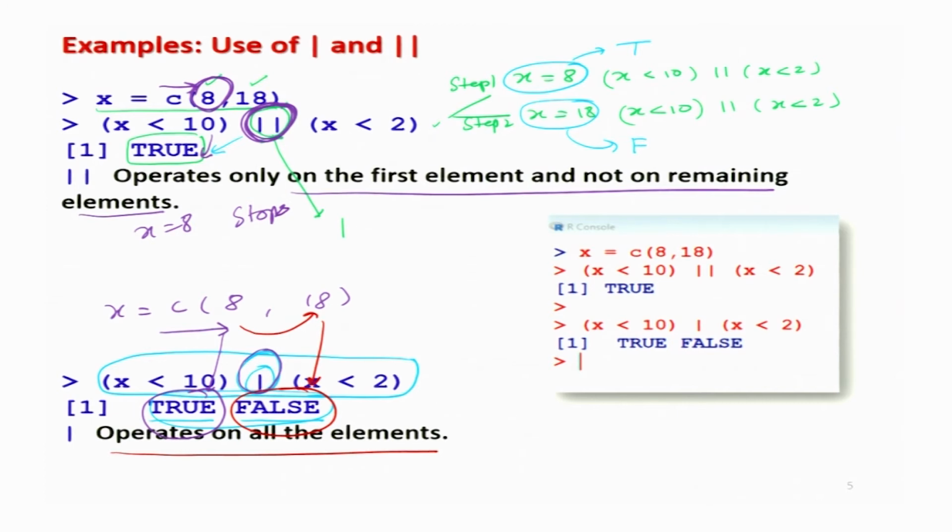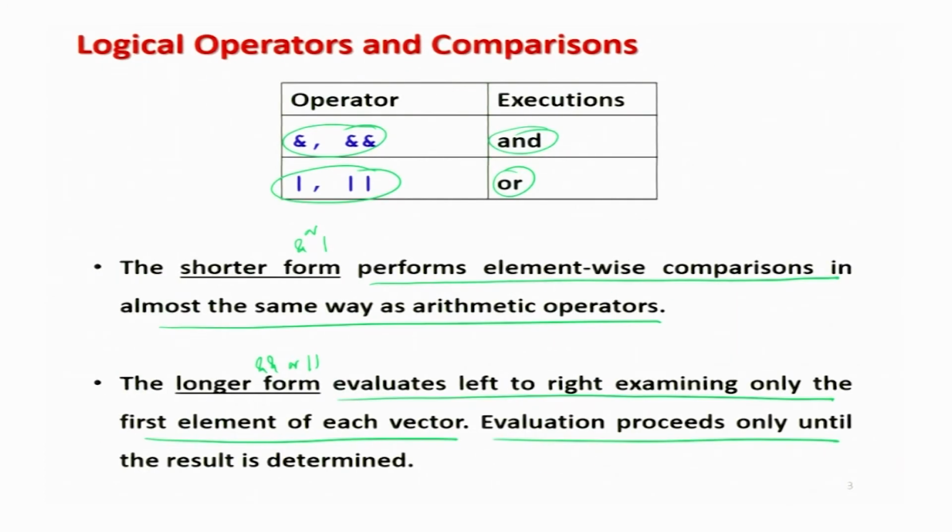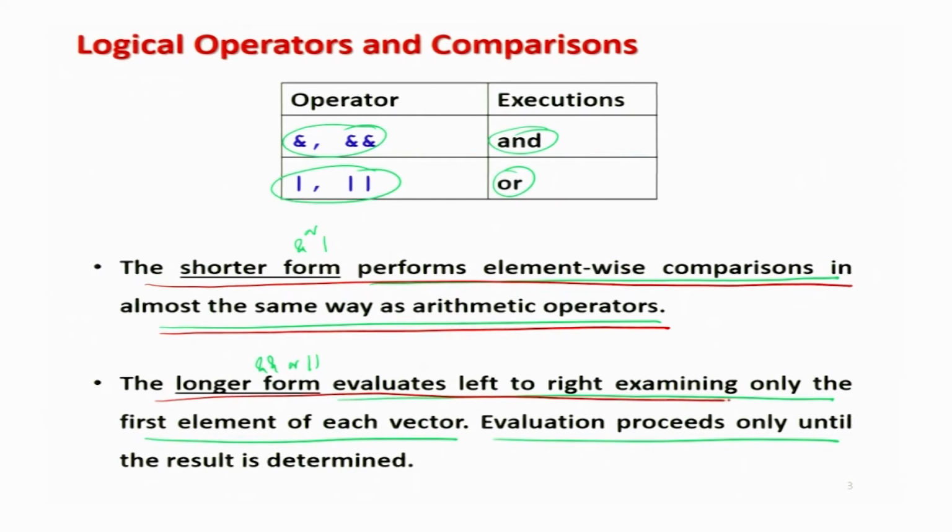If you read this sentence that I showed you here, now you will understand it. The shorter form performs element-wise comparison in almost the same way as an arithmetic operator. The longer form evaluates left to right, examining only the first element of each vector.